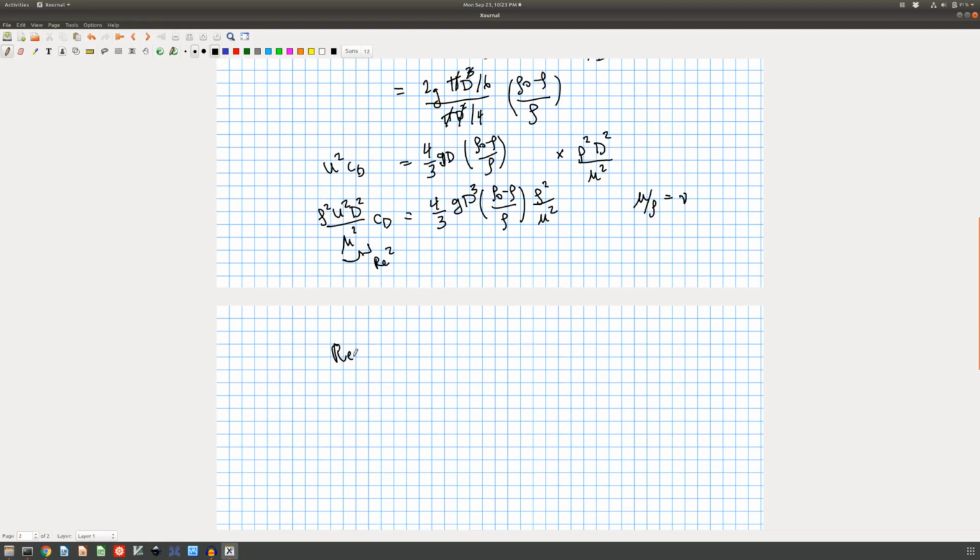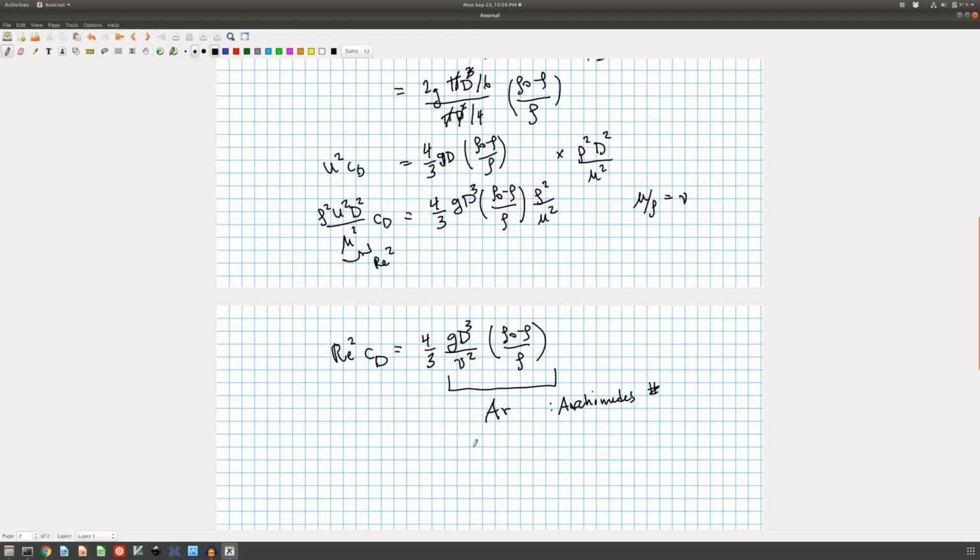I have the Reynolds number squared, CD, equals 4/3 gd cubed divided by nu squared, and I have rho 0 minus rho divided by rho. Okay, now this quantity right here has another name. It's called the Archimedes number.